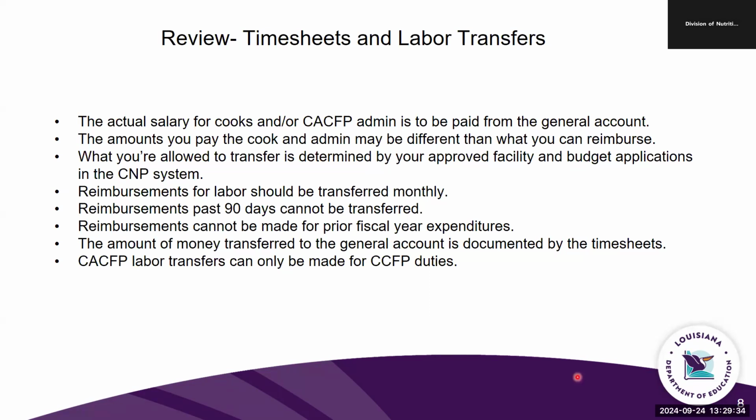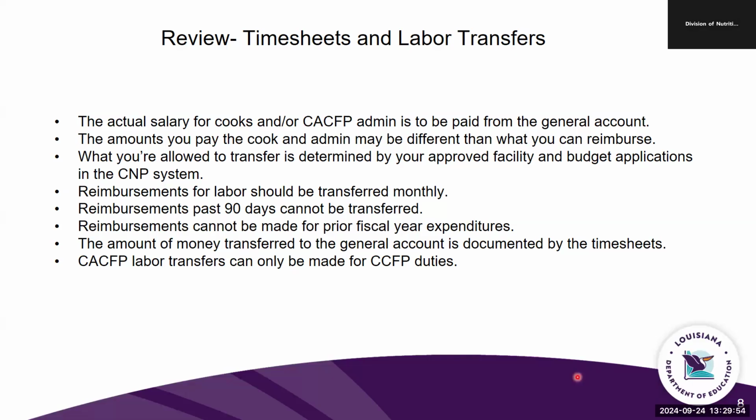Reimbursements for labor need to be transferred monthly. But remember, if something happens and you forget to do it monthly, you can't go back past 90 days and transfer a large amount. You also can't cross the fiscal year.